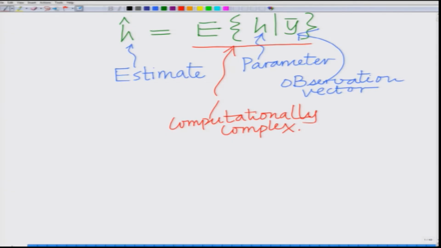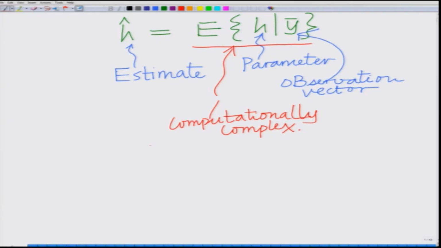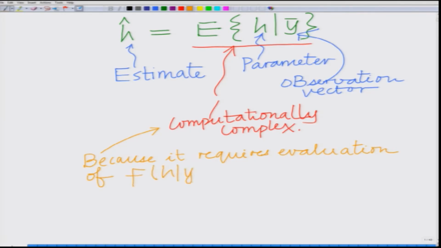Because to compute this expected value of the posterior probability density function, that is expected value of h given y, first we have to compute f of h given y bar, that is the probability density function of the parameter vector h given the observation vector y. This requires evaluation of f of h given y bar.